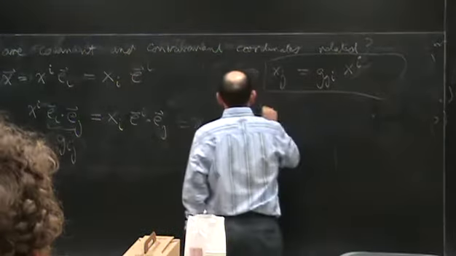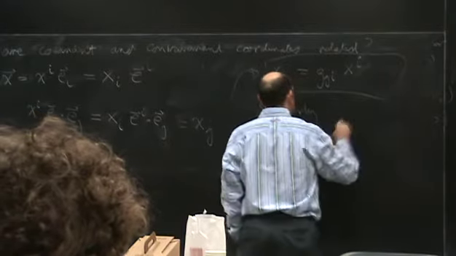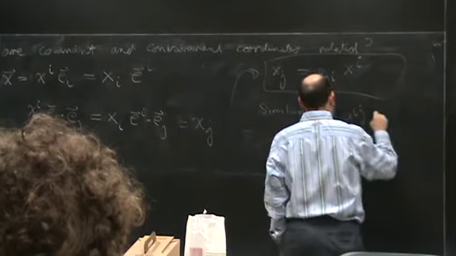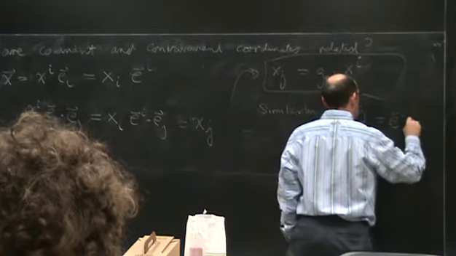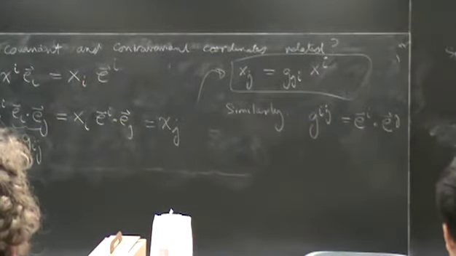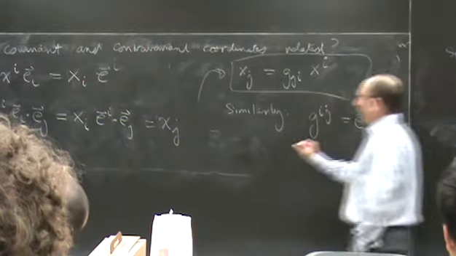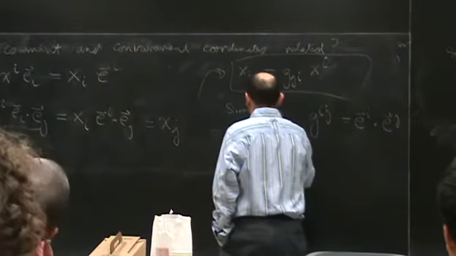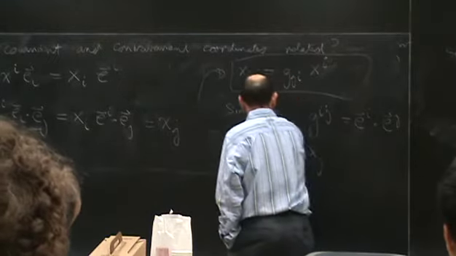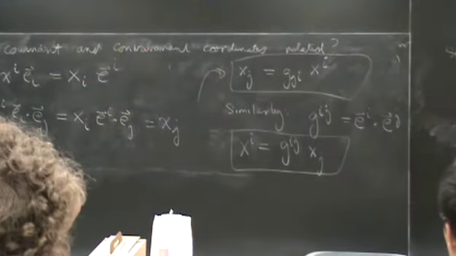Similarly, g^{ij} with upper indices is equal to that dot product. And I can get covariant to contravariant by multiplying through the matrix of the metric.